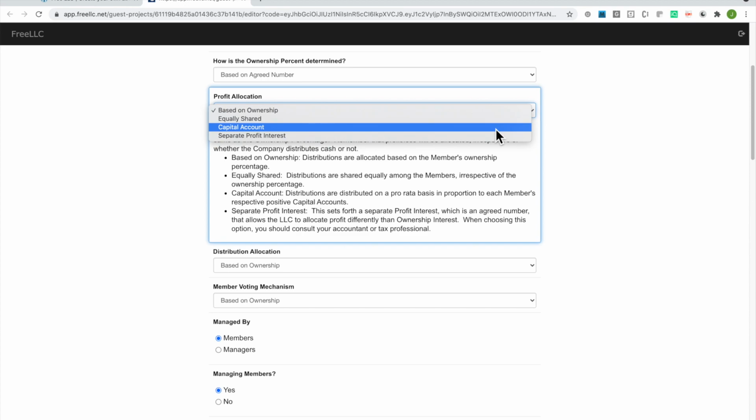So behind the scenes, it will always be there as long as you're using an accountant or software, and it's going to keep track of all the contributions that you ever make to the company, all the money that you ever take out from the company, and then the capital account goes up by your share of profits, and it also goes down for your share of losses. And this capital account concept, you can base your profits on that.